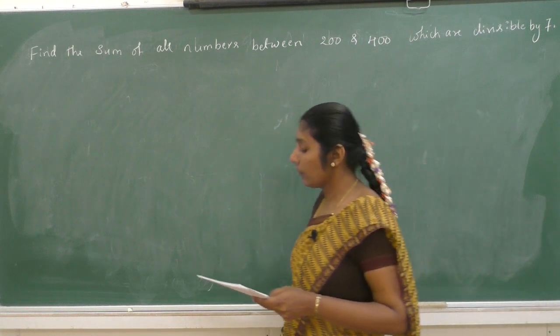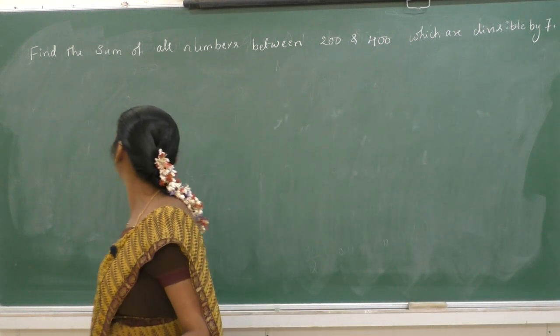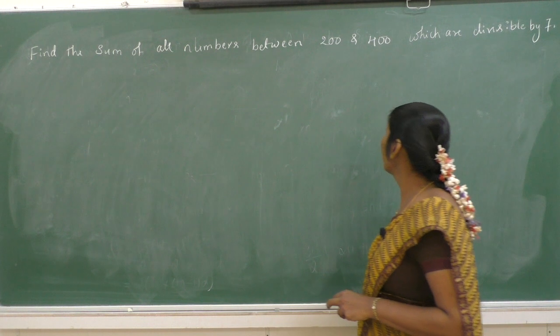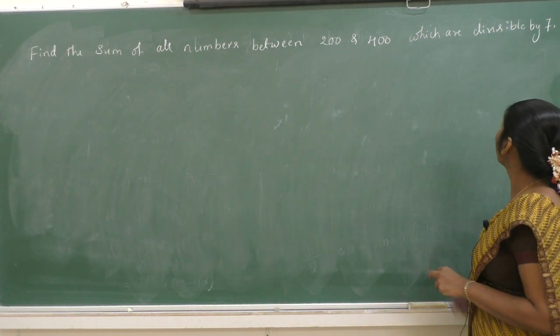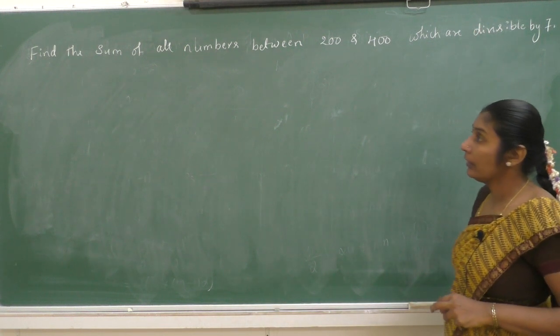Find the sum of all the numbers between 200 and 400 which are divisible by 7.